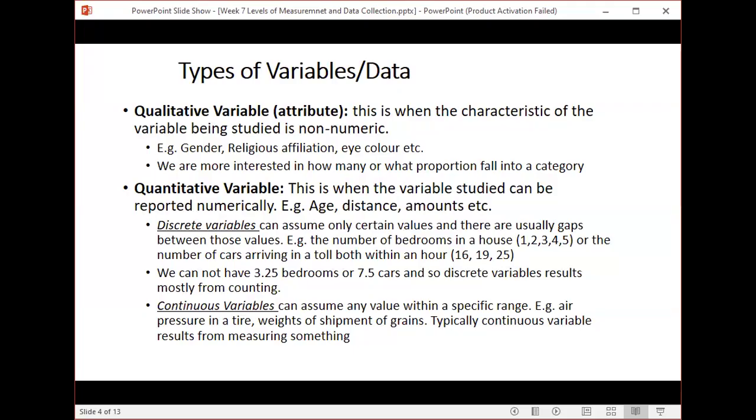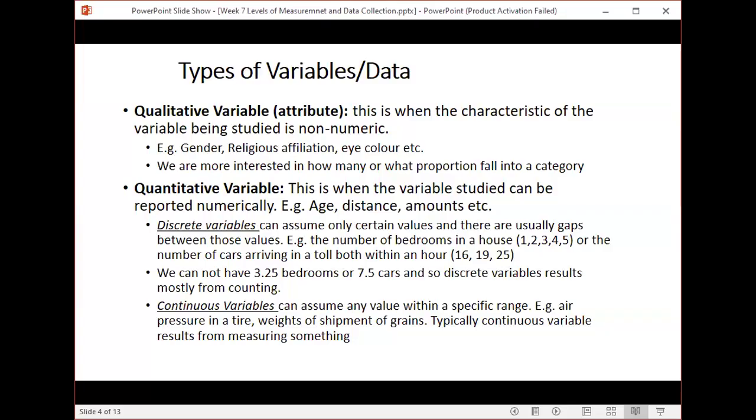Whilst continuous variables assume every little detail. It can take any decimal. It can be 12.397, whatever it is. It can assume those values. So there are no gaps in them. You can't start from 1 and jump to 2. Between 1 and 2, there are so many things: 1.1, 1.2, 1.3, 1.001, a whole lot of things in between 1 and 2. So a continuous variable can assume any value in that manner.